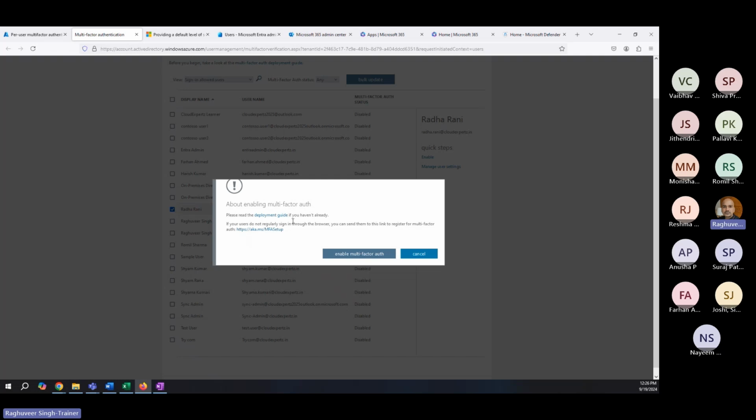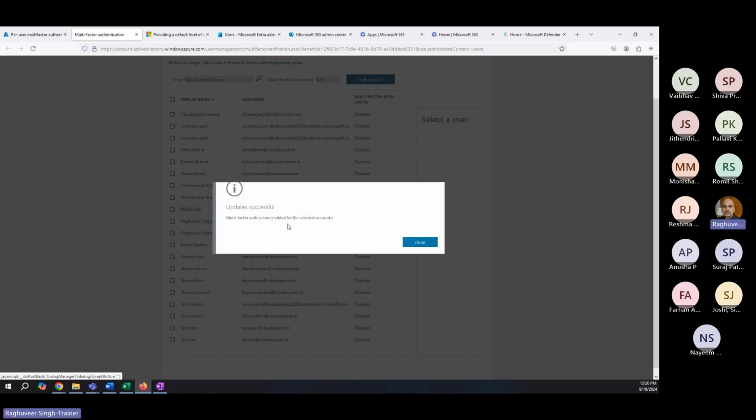So as soon as I enable multi-factor authentication for this user, on next sign-in they will be prompted to configure it. However, the user will still have an option to skip it for a couple of days. So let me enable multi-factor authentication for this user.